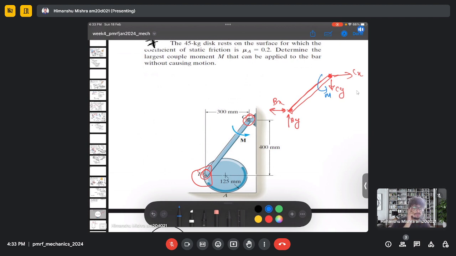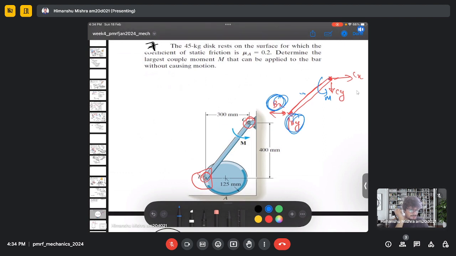So if we do the moment balance analysis or the force balance analysis in this bar, then we need to know about these forces Bx and By. If we calculate these forces Bx and By, then we can actually do the moment balance analysis at point C. So we can exclude this force, and the moment will be created due to this Bx and By.